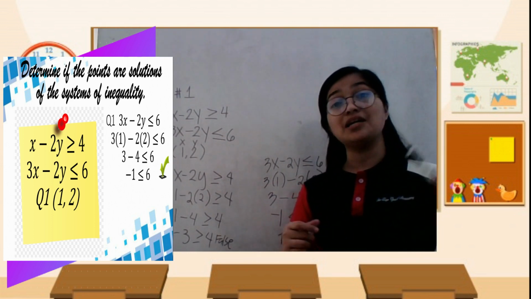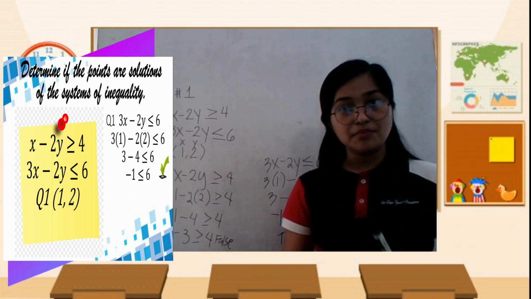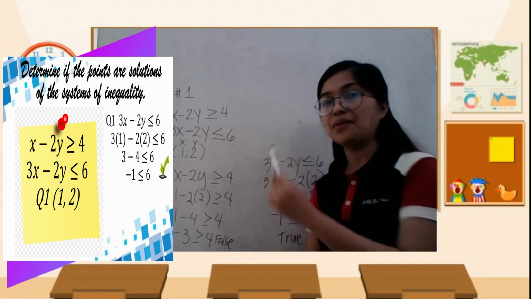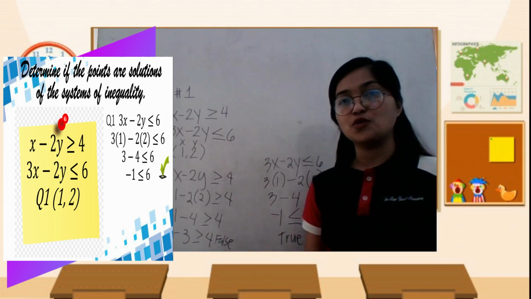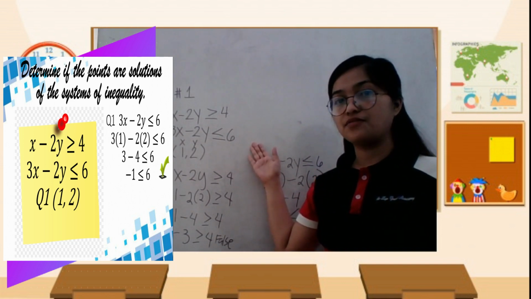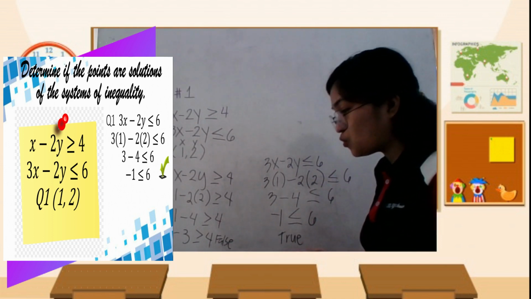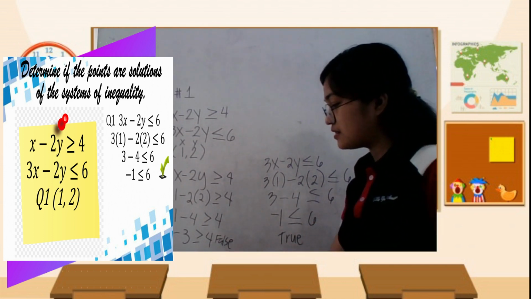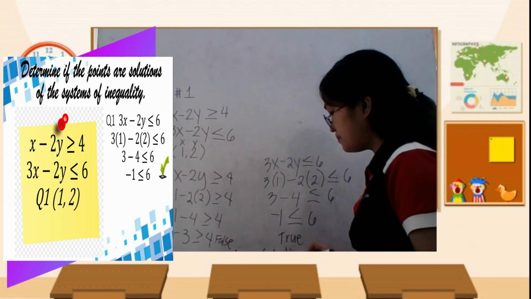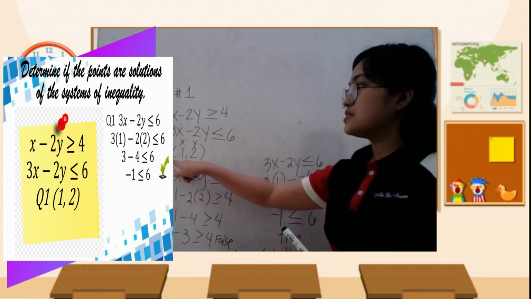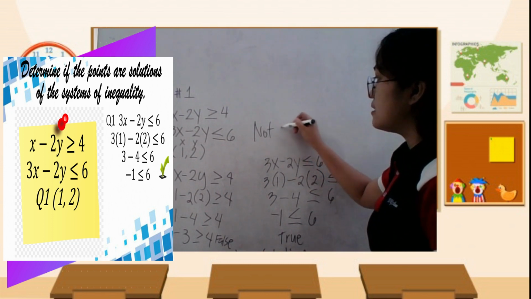Didn't I tell you that when it is true, or satisfies, it is a solution? But class, the difference now is that there are two givens. So, both must be true in the two givens for us to say that this is a solution of the system of linear inequalities. Since we have one false and only one true, that means it is not a solution. Okay? So, these coordinates 1 and 2 are not a solution.